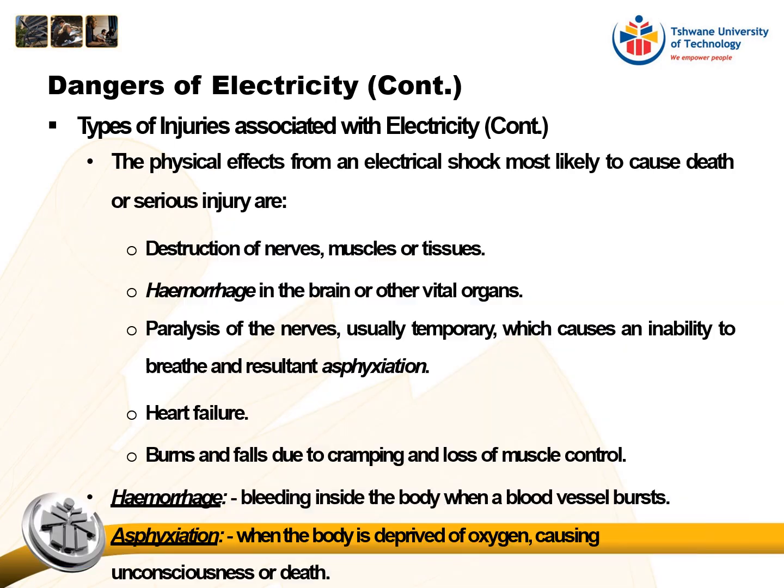The physical effects from electrical shock most likely to cause death or serious injury are destruction of nerves, muscles, or tissues, hemorrhage in the brain or other vital organs, paralysis of the nerves, usually temporary, which causes an inability to breathe, asphyxiation, heart failure, burns, and falls due to cramping and loss of muscle control.